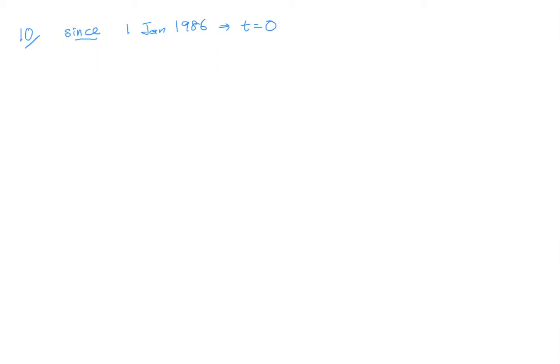Hello? So you have to know how to relate t with the date. Clear? Whenever you see a question like that, you have to take note of that. Okay, next, the population goes by this formula.